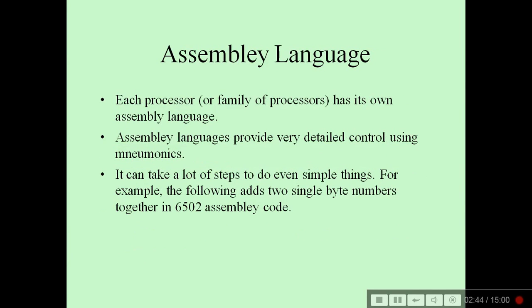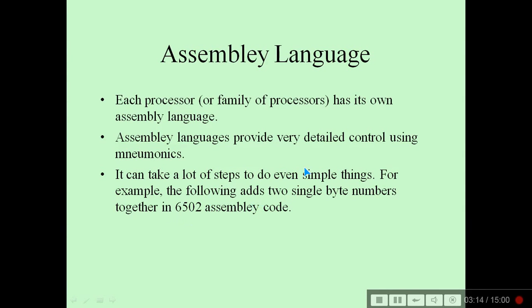Then coming to assembly languages, each processor has its own assembly language. Assembly language provides very detailed control using mnemonics, it is very specific to the processor, and it takes a lot of steps to do even simple things. For example, for adding two numbers, you have certain assembly code like this.